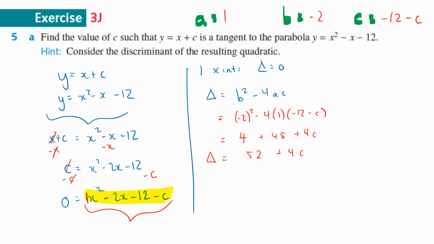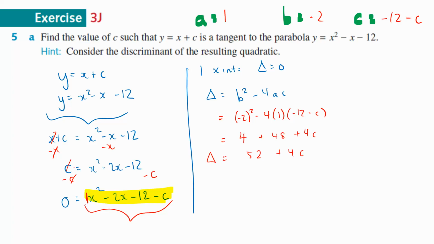So far all I'm doing is working out the discriminant. b squared minus 4ac, I put in b, I put in a, I put in c, that's all I did. Then negative 4 times 1 is negative 4, negative 4 times negative 12 is 48, negative 4 times negative c is positive 4c. Yeah? I'm just going through those.